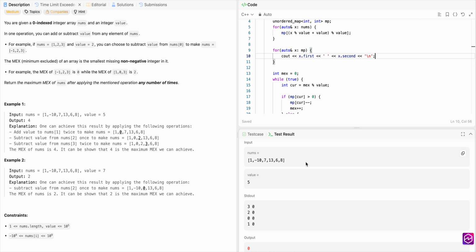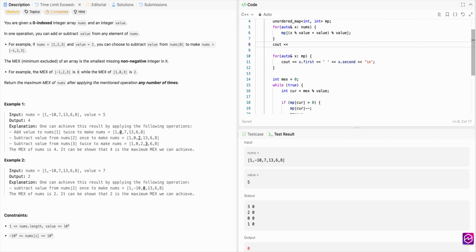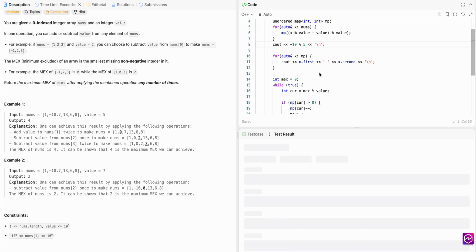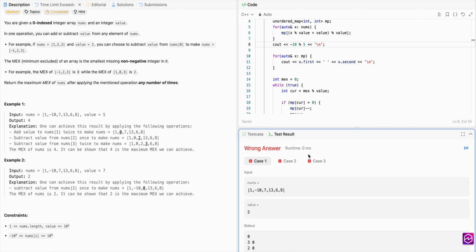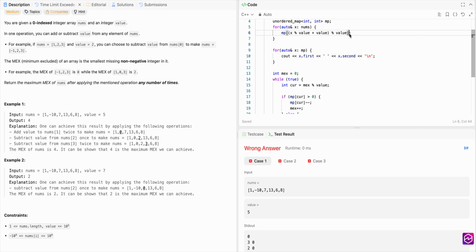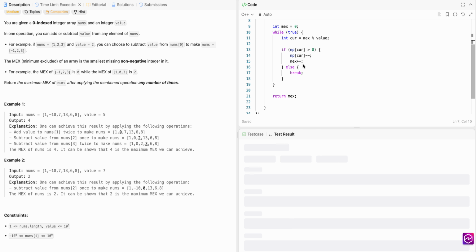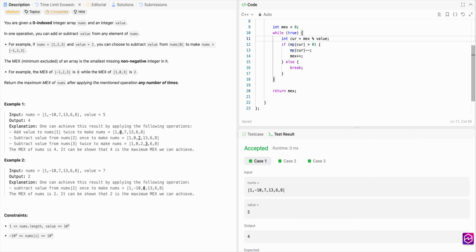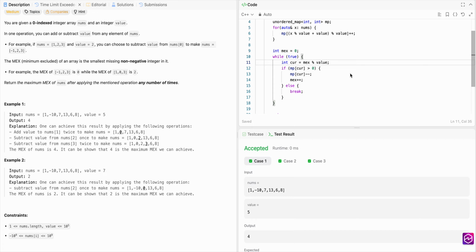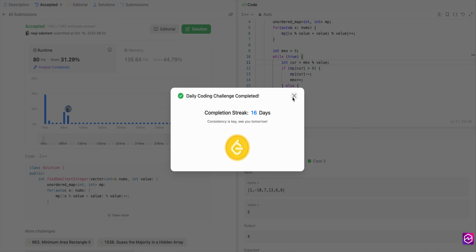Minus 10 modulo 5 is, what is it? 0, and then we add a 5 and then we do mod. Oh, I'm never increasing. Well, that sucks. I wasn't even increasing. How did I give the right answer for this? Yeah, so that's how we can do this.